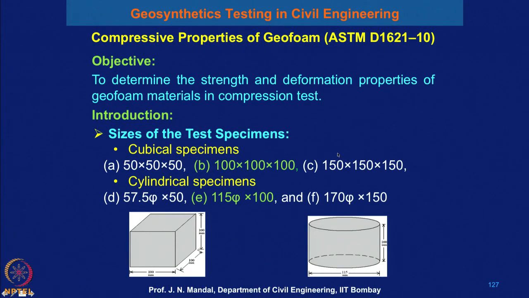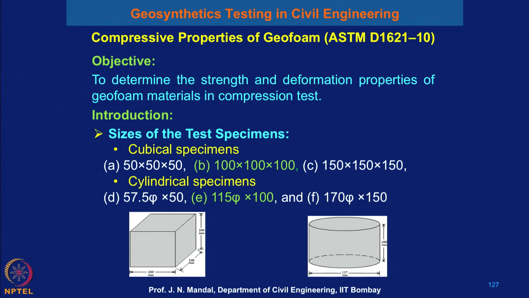One should know how to perform this compressive strength test, and we will discuss it as per the specification ASTM D1621. The main objective of this test is to determine the strength and deformation properties of the geofoam material in compression. The test sample may be a cubical specimen of 50, 50, 50 millimeter, or 100, 100, 100 millimeter, or 150, 150, 150 millimeter.